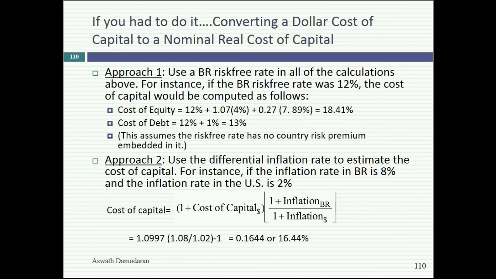So it's a good way to keep your perspective as you move across currencies to think about a dollar number, because all your risk premiums and default spreads come from dollar-based markets. So you might actually be more comfortable working with dollar numbers until the last moment and then doing the differential inflation to convert your cost of capital into Pakistani rupees or Indonesian rupiah, Nigerian Naira, or Brazilian reais.